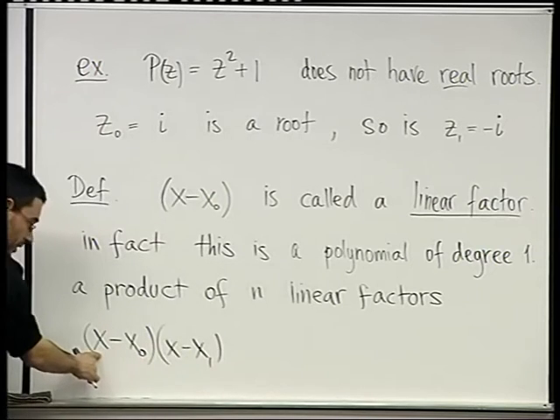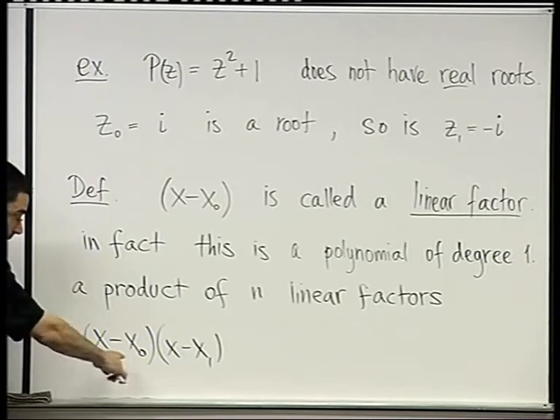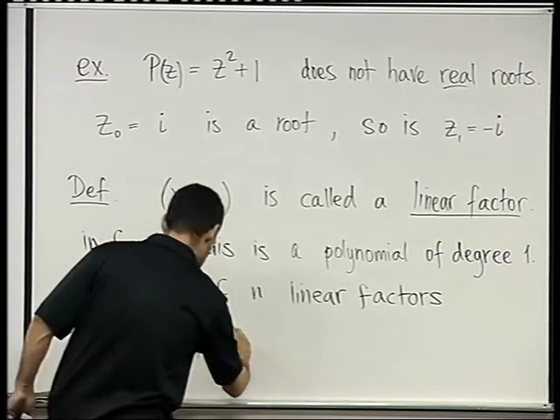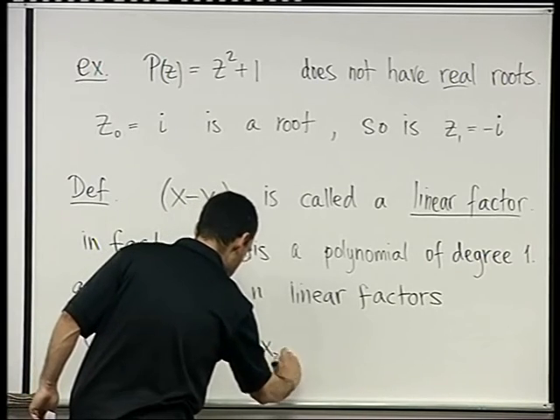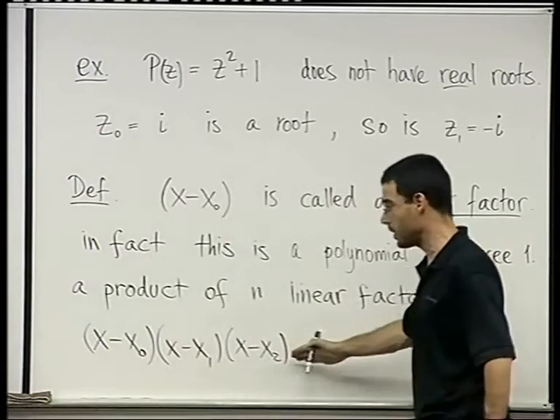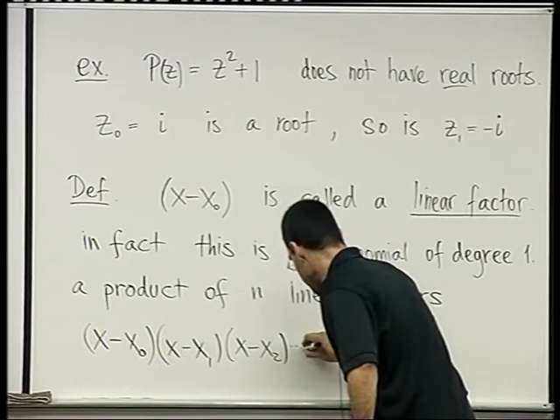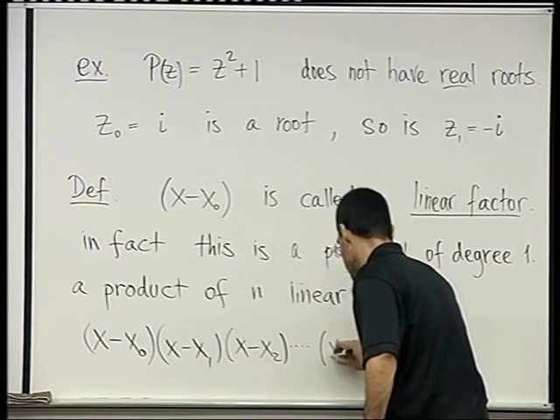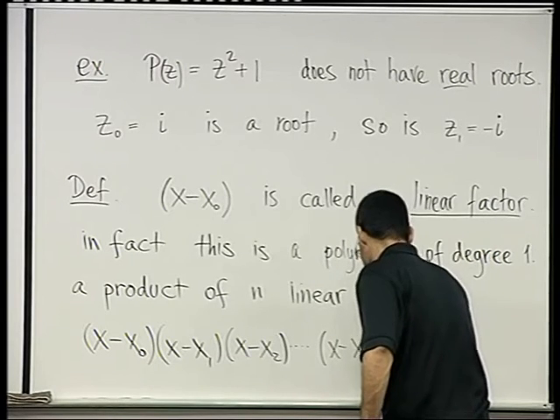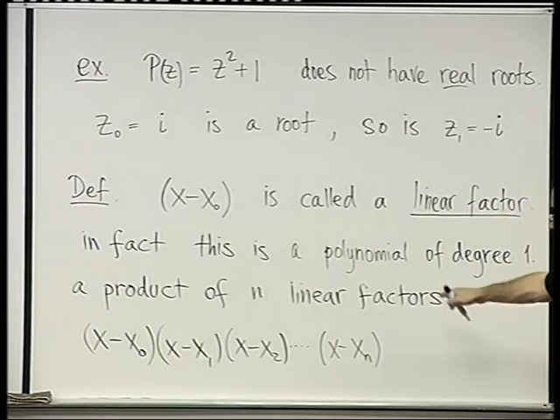Remember, the x is the variable. The x0, the x1, and there's going to be an x2, and so on, are fixed numbers in concrete examples. We'll do one in a minute. So we're multiplying n of these. The last one is going to be x minus x sub n. So a product of n of these is what?